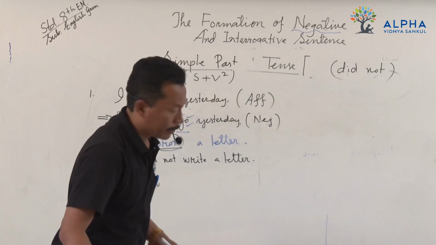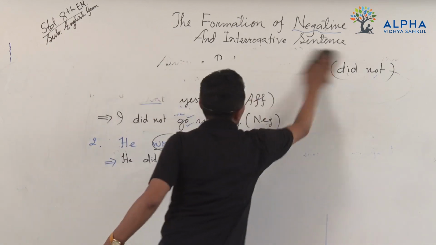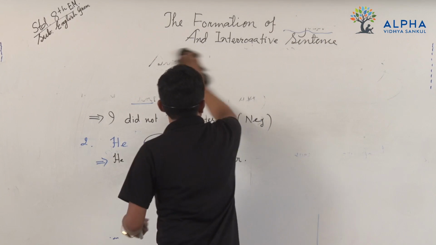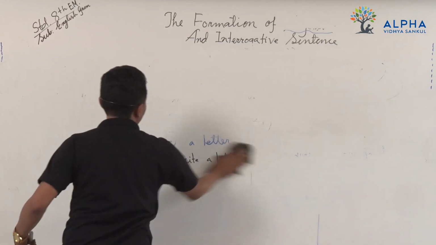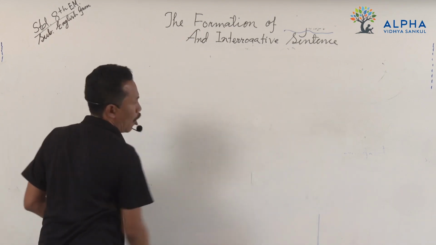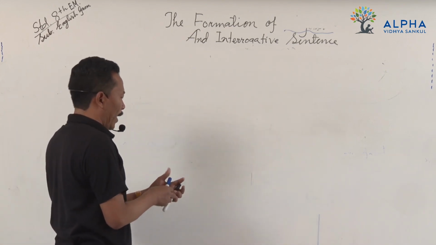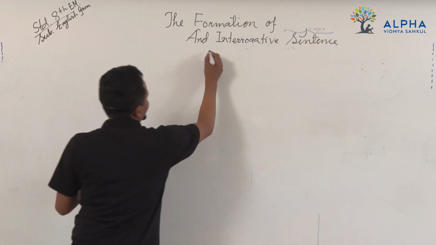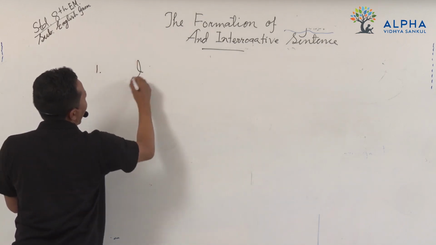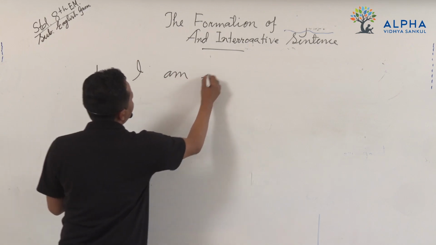The next is for the interrogative sentence. How to form the interrogative sentence? This is very simple. If you have the idea of changing to negative, then the interrogative is very simple. See, I am happy.